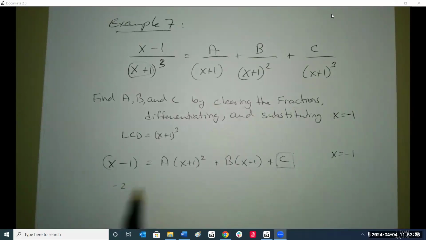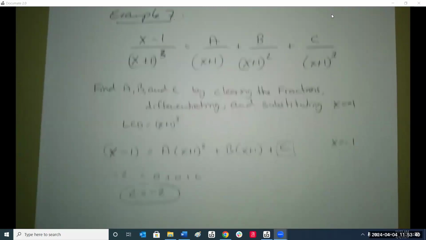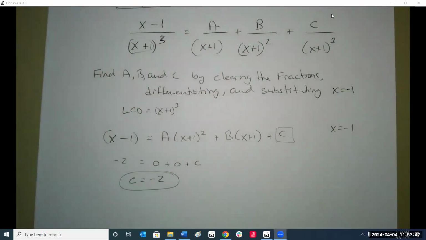So we have negative 2 equals 0 plus 0 plus C. So C is equal to negative 2. That's the constant.